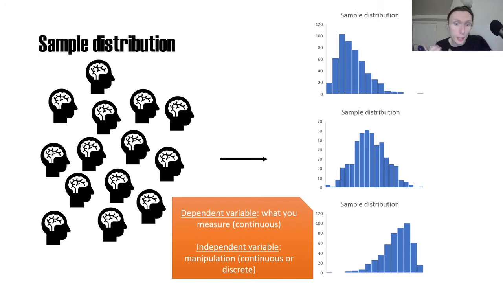And if that is the case, then we have a continuous independent variable, the thing we're looking for, whether it has an effect on the thing we measure. In this case, height would be continuous. And I will be giving examples in the statistics today about both continuous and discrete or categorical independent variables. All right, so let's continue.